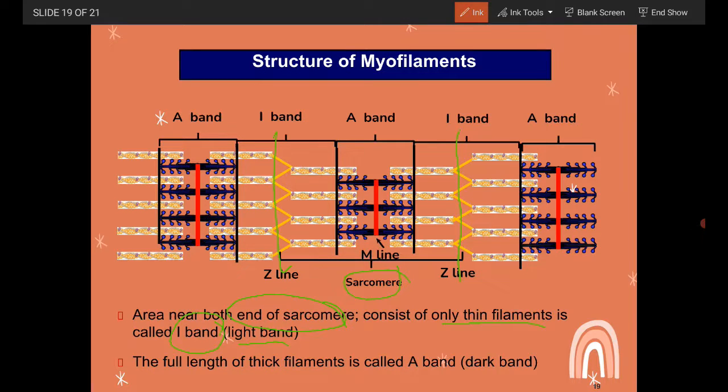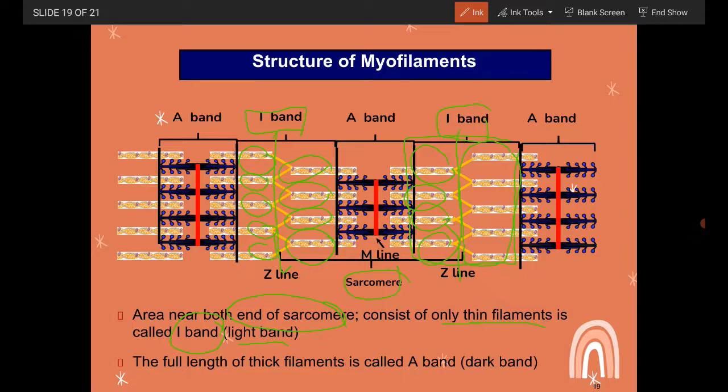So if you look at this area, this area only consists of thin filament, and this area only consists of thin filament. So this region is known as I band. This region also has thin filament only. So this whole region is known as I band.